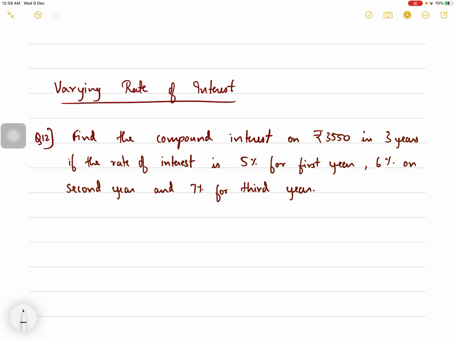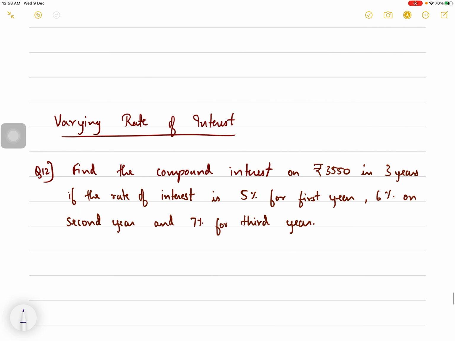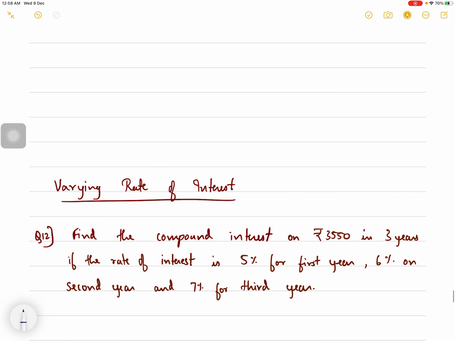It is actually very simple. Now find the compound interest on 3,550 in 3 years if the rate of interest is 5% for first year, 6% on second year and 7% on third year.